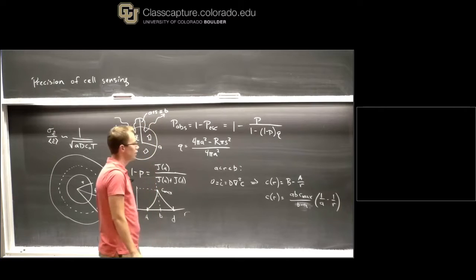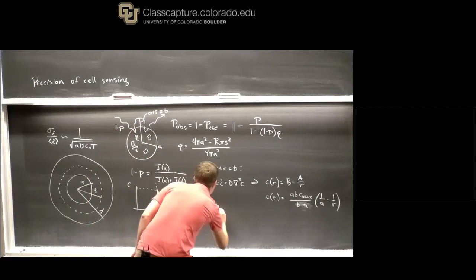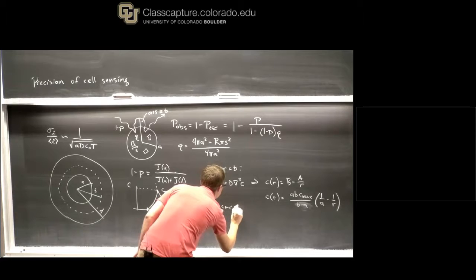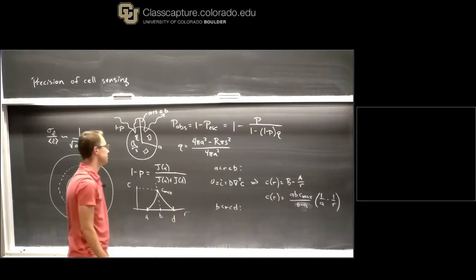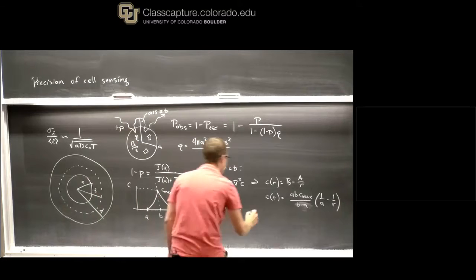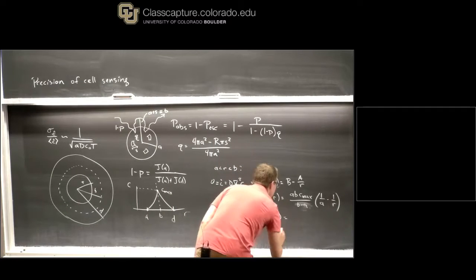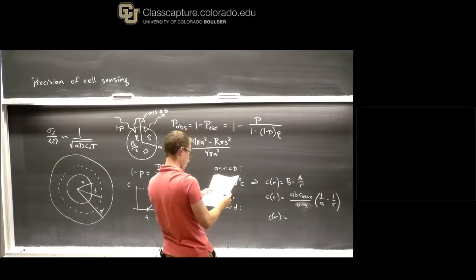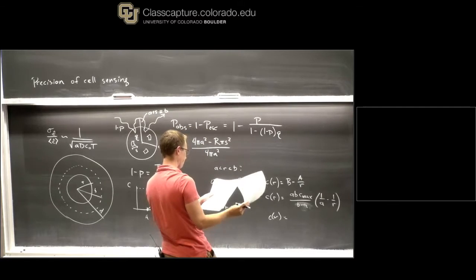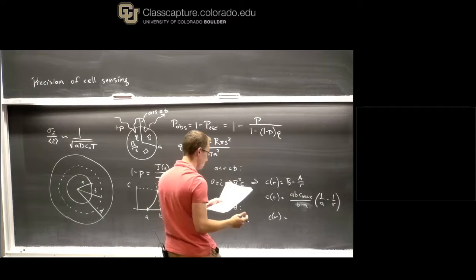And then, analogously, for R between B and D, we have a similar thing, except the A is replaced by D, and I probably need a sign flip.